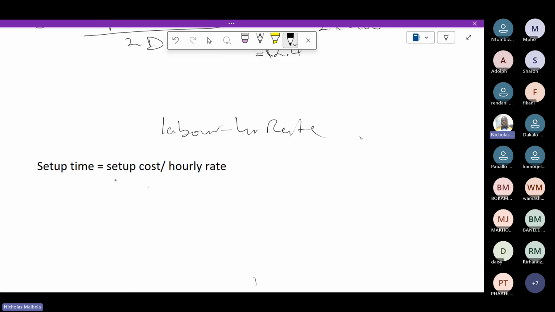Therefore, we're going to say 2.4 divided by 30 equals, what is our answer? $0.08. Multiplied by 60, because this is in hours, I guess. Multiply by 60, we get it in minutes, which is 4.8.